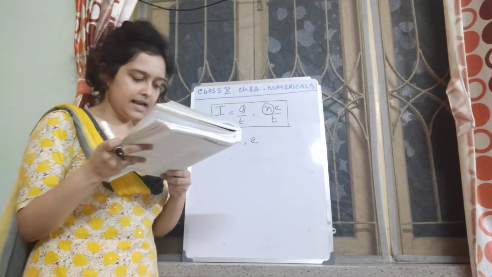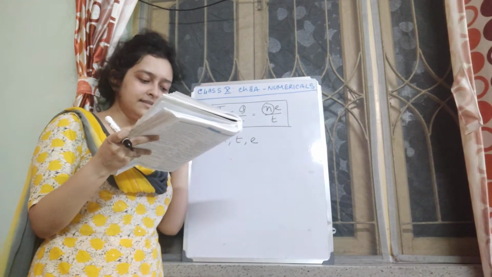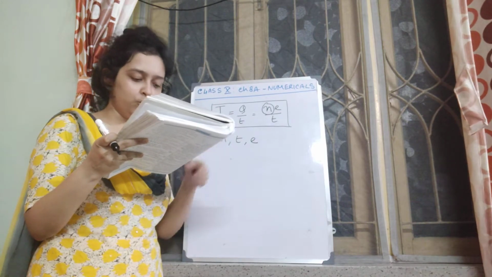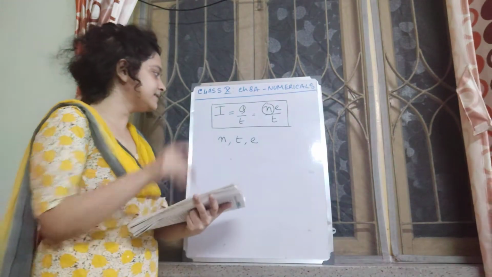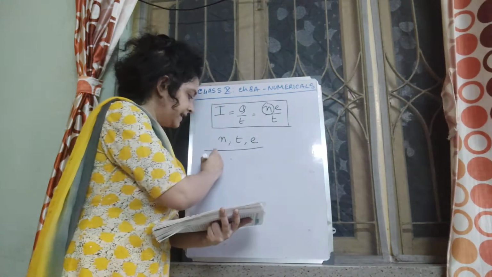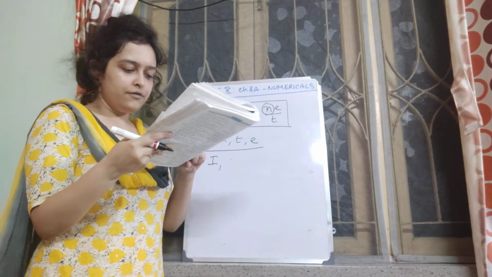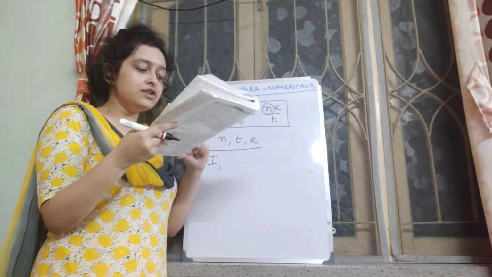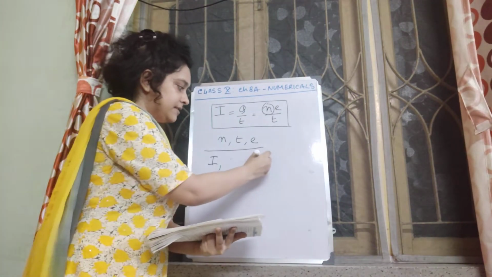Obviously. Next one, number 2: you have a current of 1.6 milliampere. In this case, current is given, flows through a conductor. If the charge on an electron, again E is given.